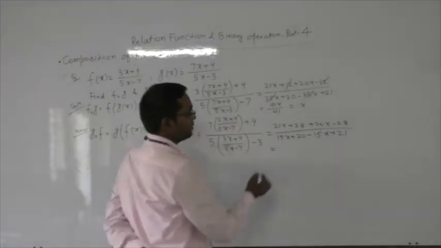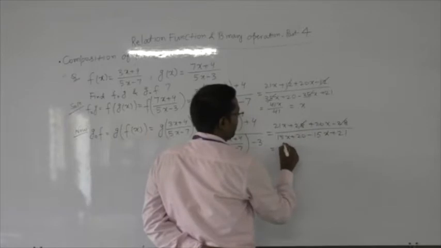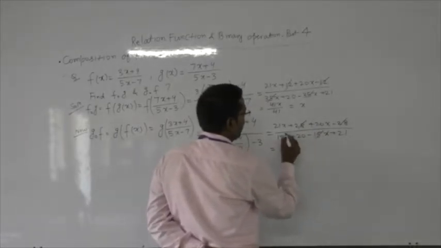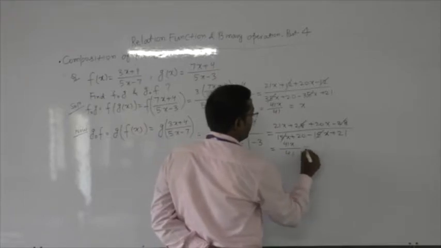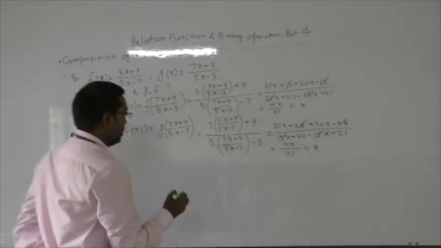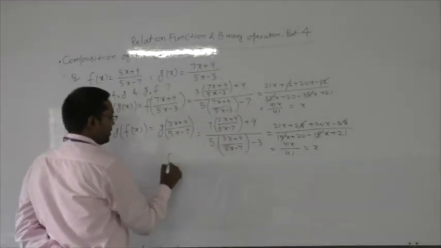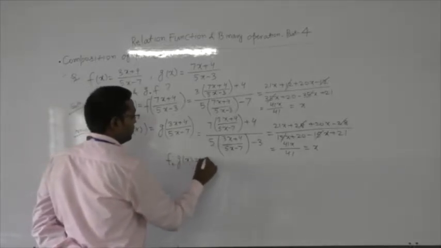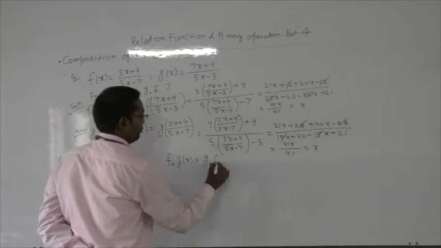Let's simplify it. 28 gets cancelled. We will get 41x by 41, that is equal to x. So what we are seeing here, fog(x) equals gof(x).